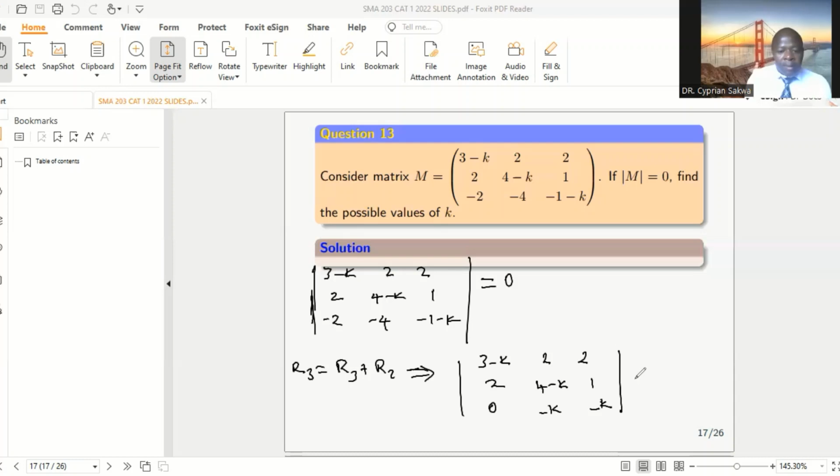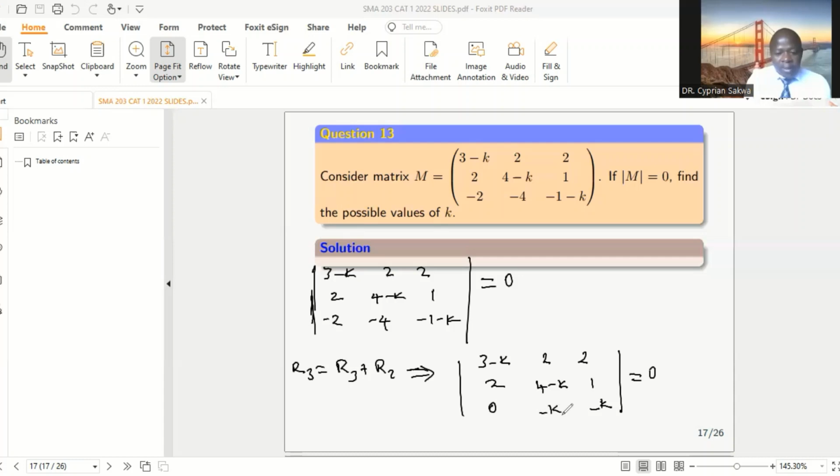This is equal to 0. And I think of another way of introducing a 0. Now that I have a 0 here, I may think of introducing a 0 in this column or in this row. Let me introduce it here in this row.